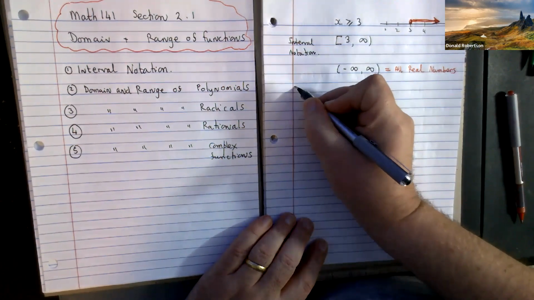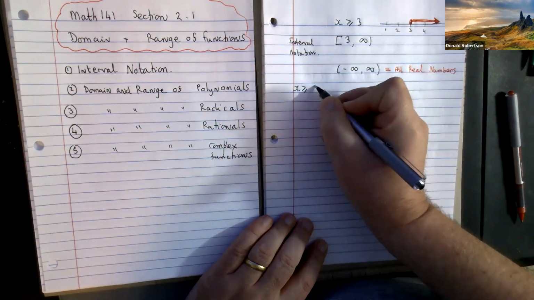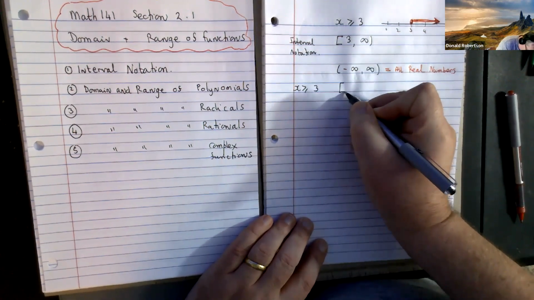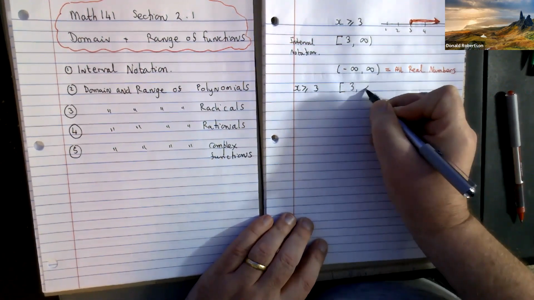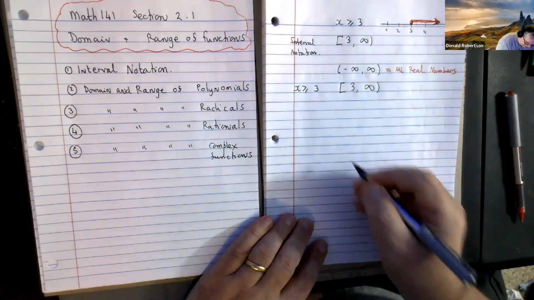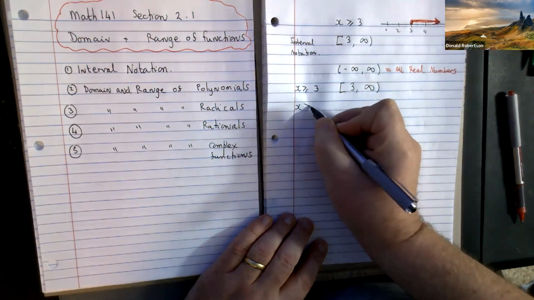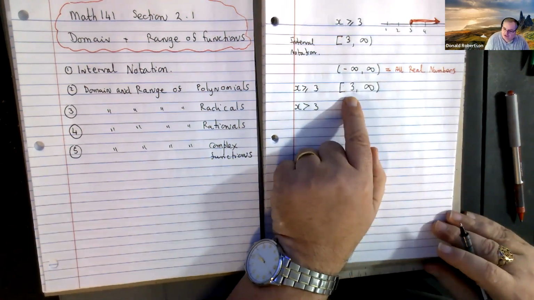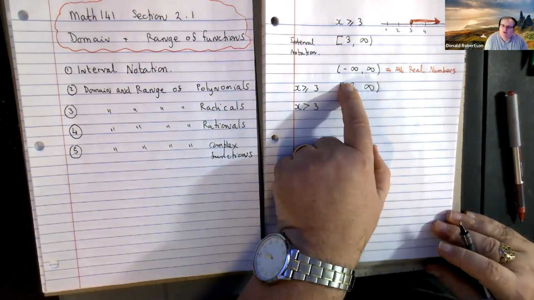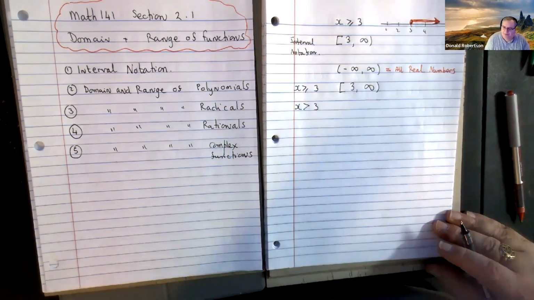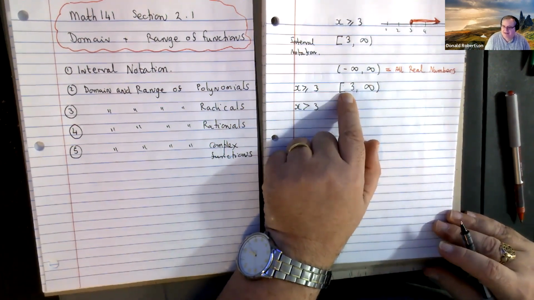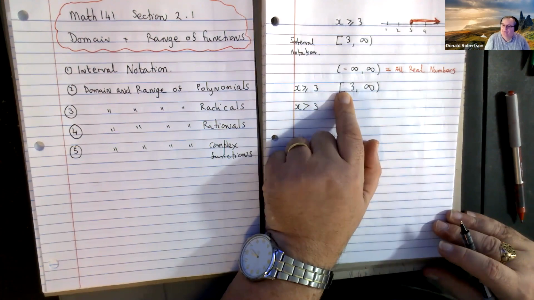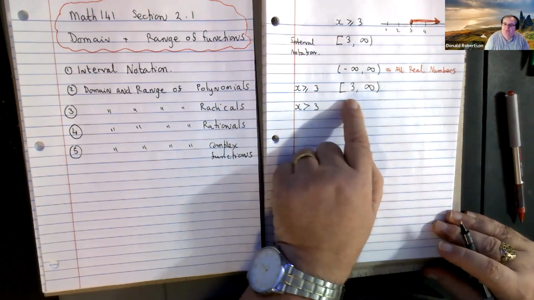If you had x greater than or equal to 3, we would do a square bracket, 3 to infinity. On the other hand, if you do x greater than 3, we have to do an adjustment to the notation. Now, I know you call these parentheses in America, but I like the word bracket. That is a square bracket, and that's a curved bracket, right?